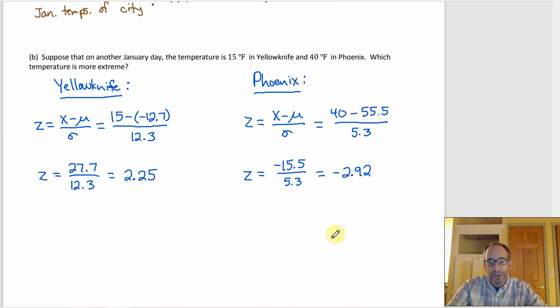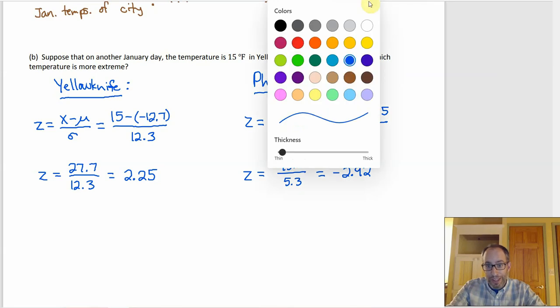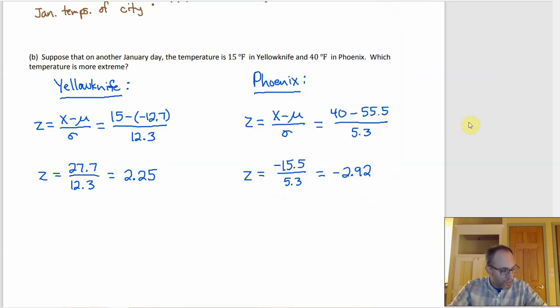The Phoenix standard deviation is much smaller, so the temperatures are much more bunched together. So a difference of 15.5 relatively ends up being bigger because negative 2.92 is farther away from 0 than 2.25. And that's kind of what you use to answer this.